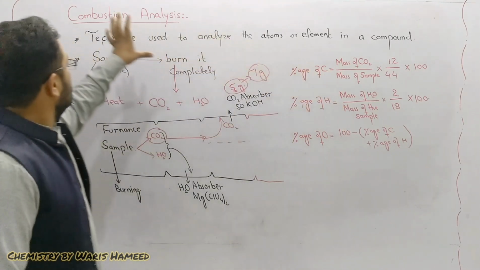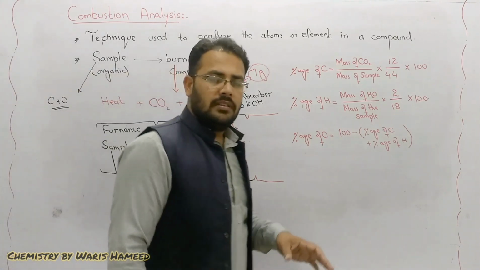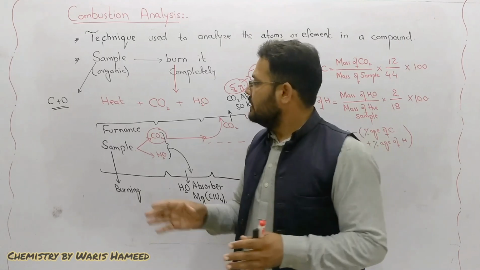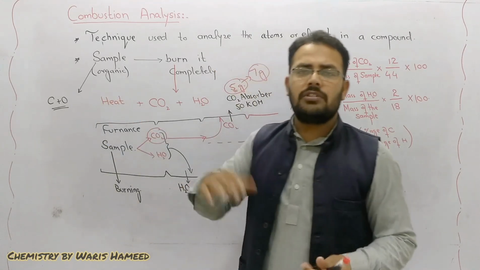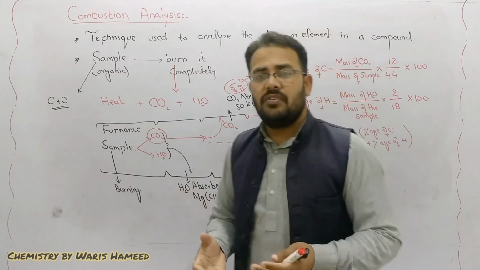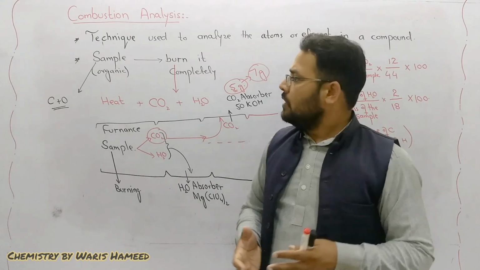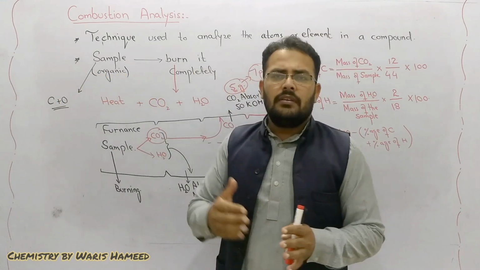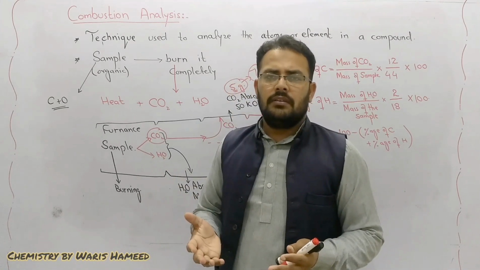Combustion analysis has a disadvantage that it can only analyze those compounds which contain carbon and oxygen. It cannot analyze those compounds which contain sulfur, nitrogen and other elements. So for organic compounds we mostly prefer NMR, mass spectrometry, etc.